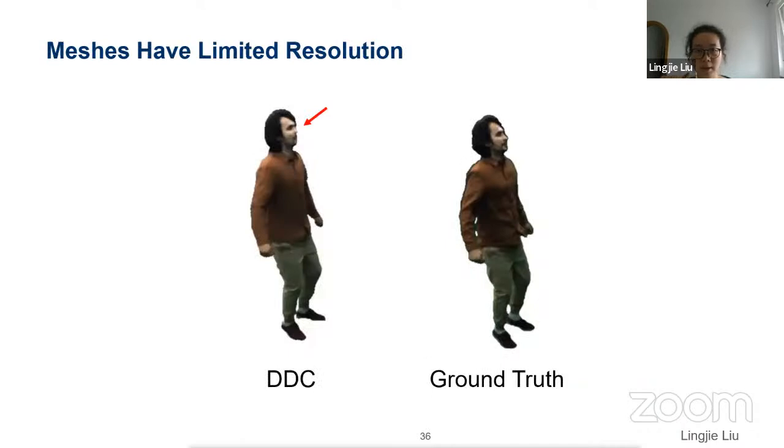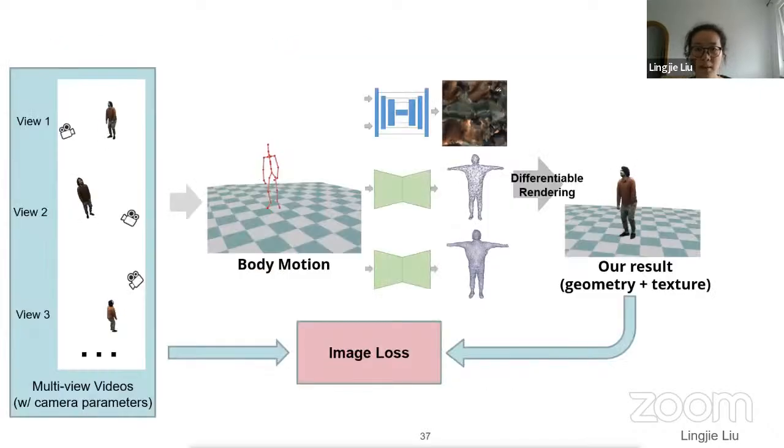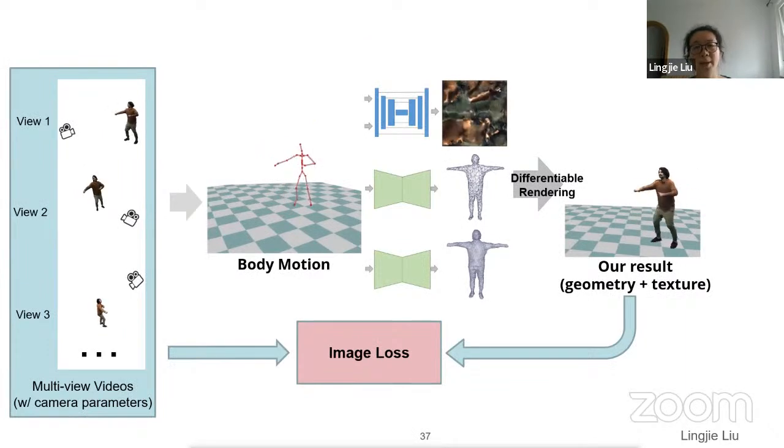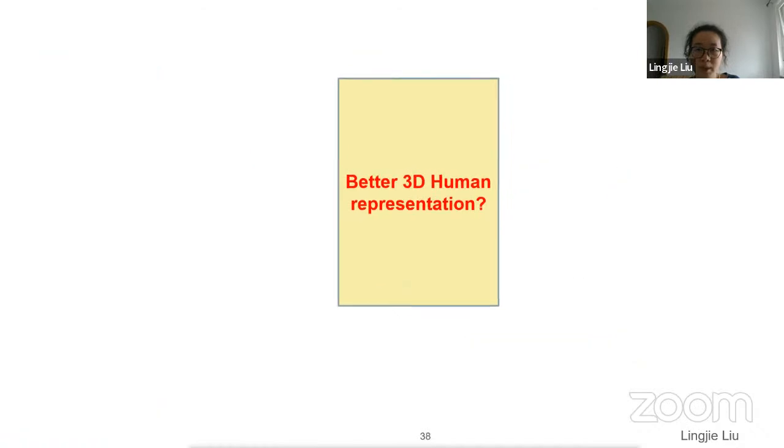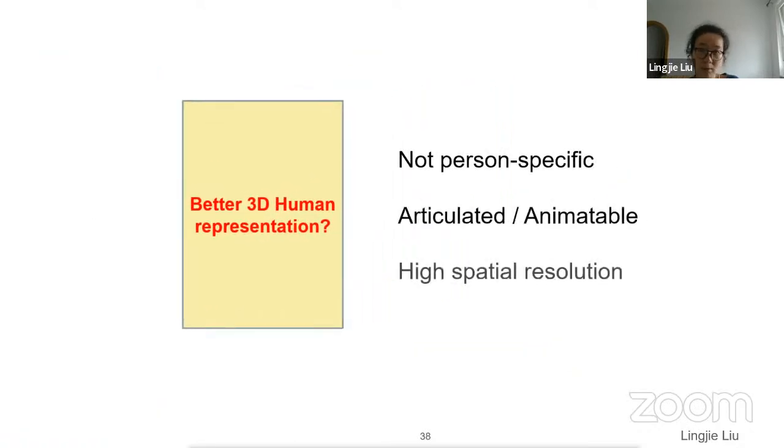Also, since we use a mesh in this project, meshes have a limited spatial resolution, so we can observe some artifacts on the boundary. So, is there a better 3D human representation that is not person-specific, is animatable, and also has a high achievable spatial resolution?